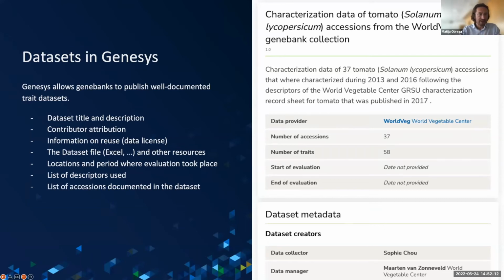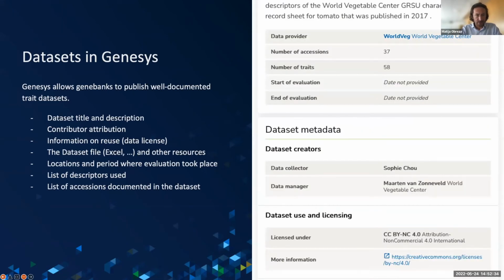So with that, the dataset title and description are key and must be provided, and must explain enough about the conditions and the environment and the objectives of the data sets, and how things were done. This is followed by contributor attribution, which you'll see here.